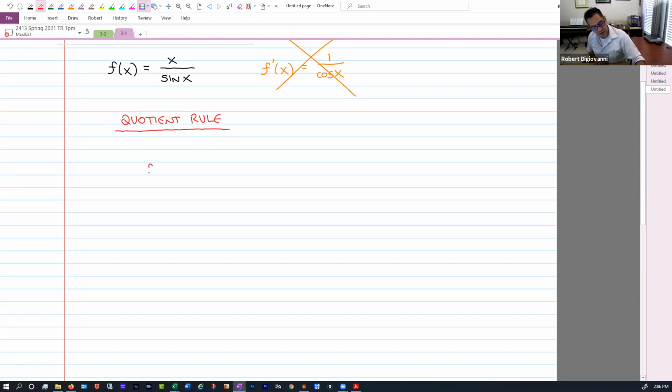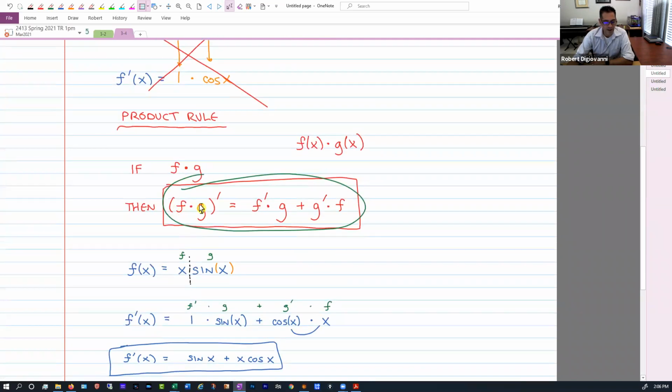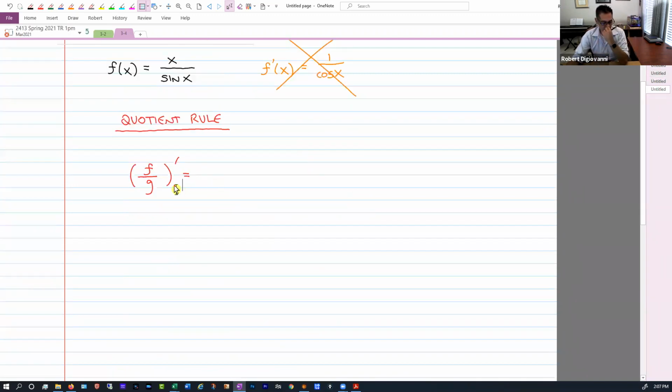If you have some function f, and instead of being multiplied, you're dividing by some function g, and you'd like to know what the derivative of it is. Do y'all see that that's basically the product rule, but instead of f times g, I'm doing f divided by g?